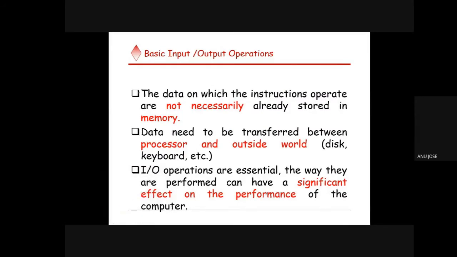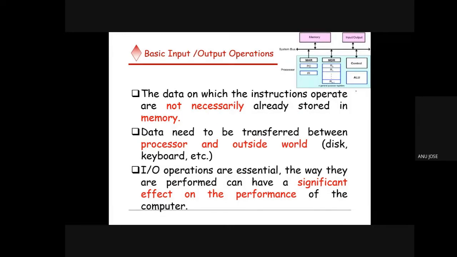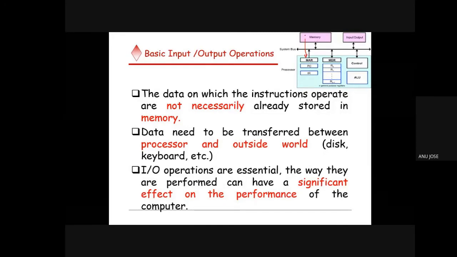What it is trying to tell is that the data on which the instructions operate is not necessarily already stored in the memory. So this is the structure you are having. It is not always that the data will be present in the memory. Till now, what we have discussed is that the processor takes the data from the memory unit. But it's not mandatory that your data will always be present in the memory.